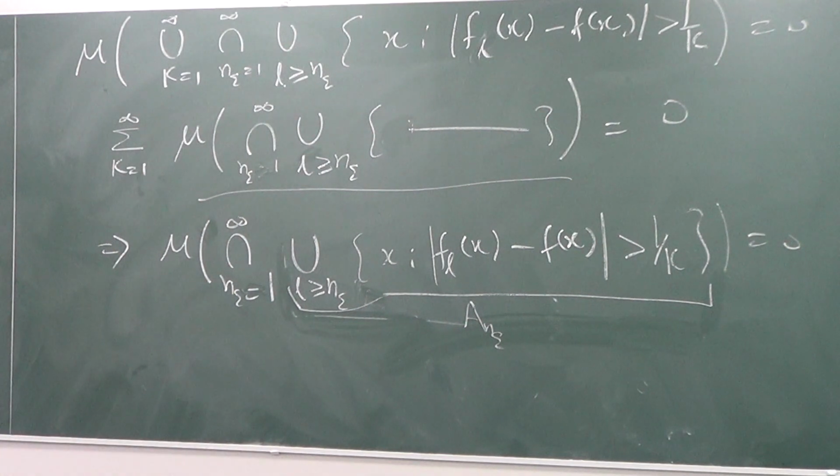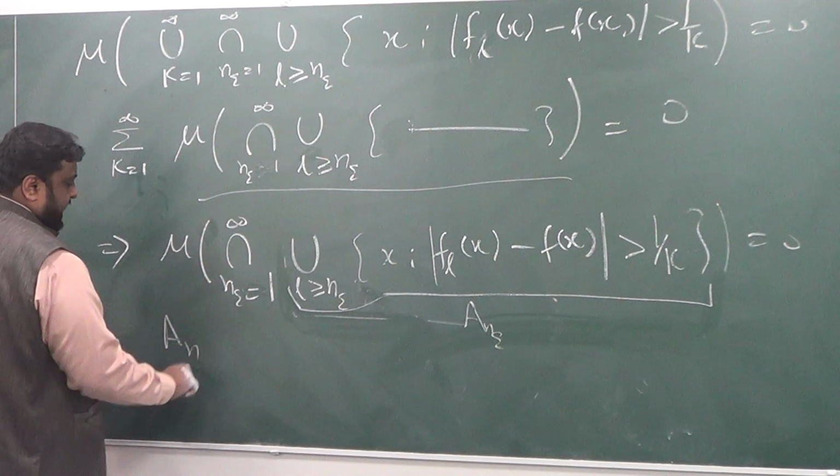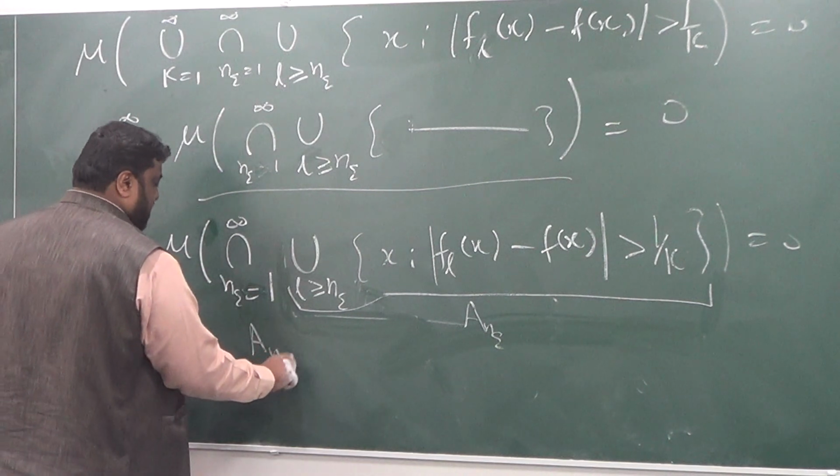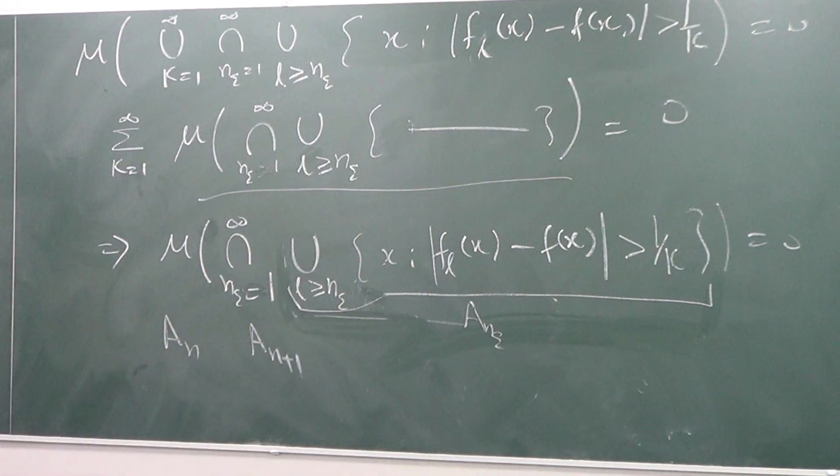Now, what can we say about this set? Is it increasing or decreasing? In other words, if I have A_n and A_(n plus 1), which is bigger? It should be decreasing. Why?